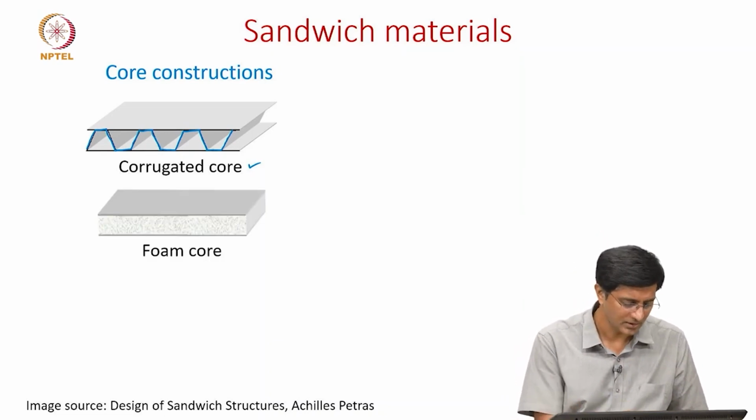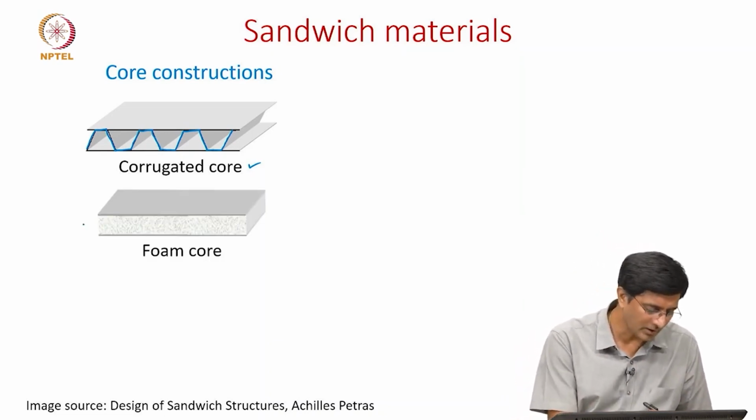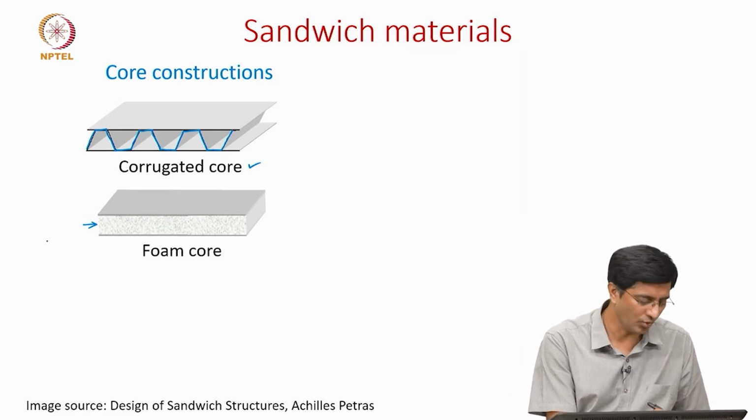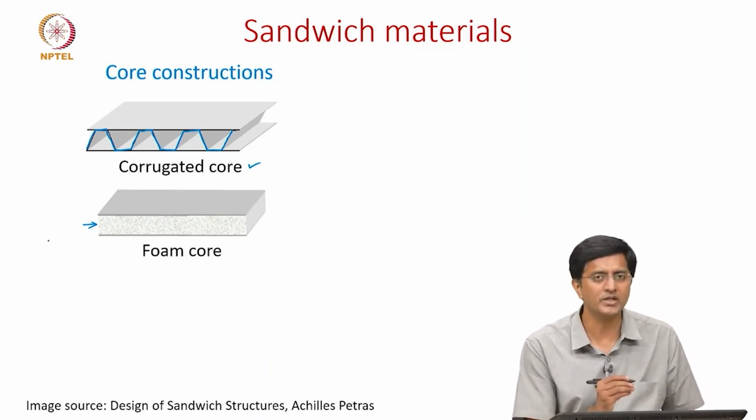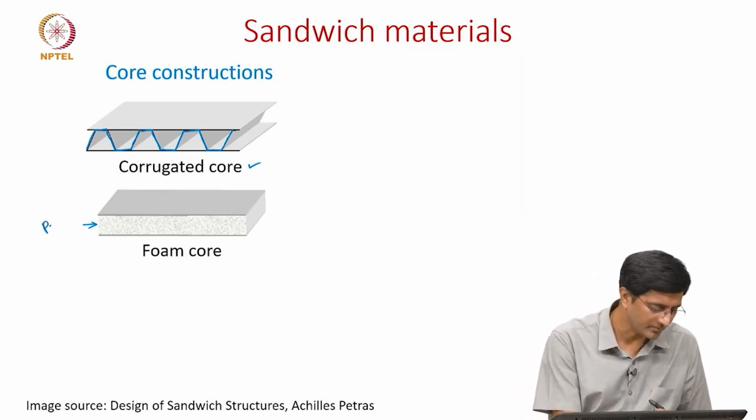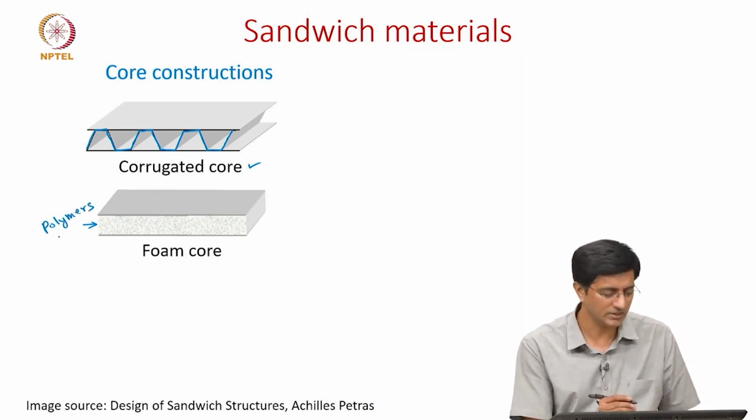Next is the foam core, meaning we fill it up with foam, and usually these foam materials are made of polymers like polystyrene, PVC, and polyurethane, PU. These are the commonly used foams.